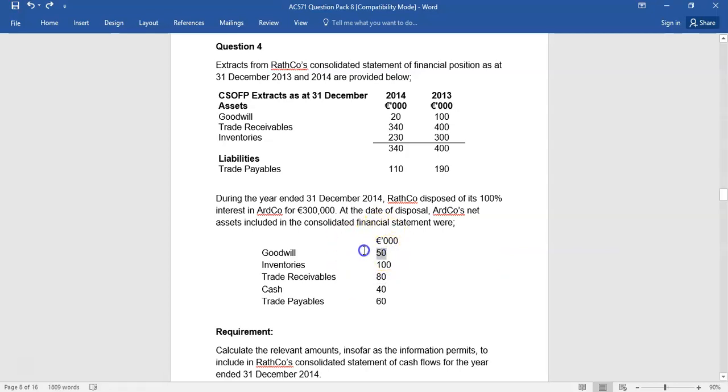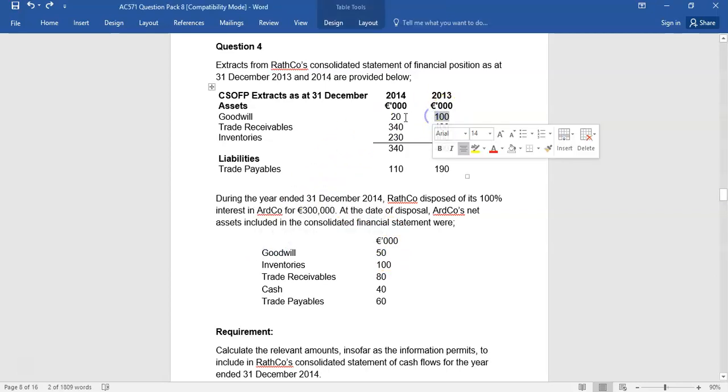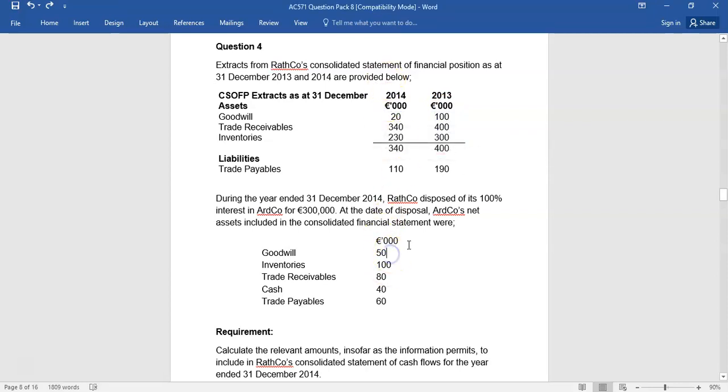The next thing then is, what about goodwill? Well, we know goodwill at the date of disposal is 50, but we can see here goodwill has gone from 100 down to 20. Well, we know 50 of that can be explained because you will credit goodwill. This 2013 includes ARDCO, because ARDCO was a subsidiary at the start of the year.